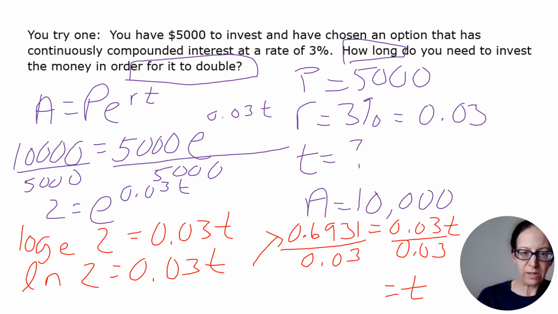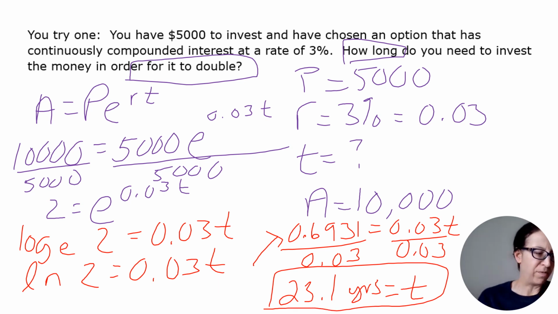So 0.6931 divided by 0.03, and I'm getting about 23.1 years.